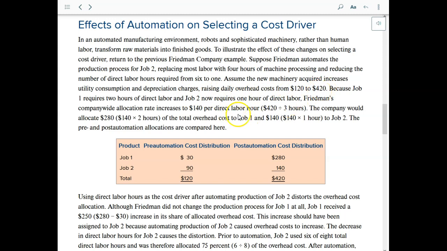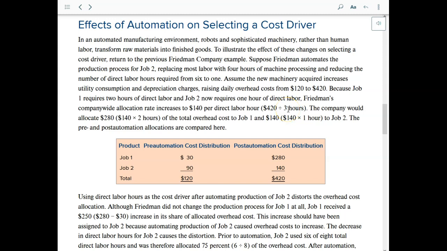Now if we still use direct labor hours, look at the result. Job number 1 uses 2 hours, and we're going to allocate $140 per hour to job number 1, and 2 hours, and so $280. Now where'd the $140 come from? It's the total overhead cost, utilities and depreciation, divided by 3 hours.